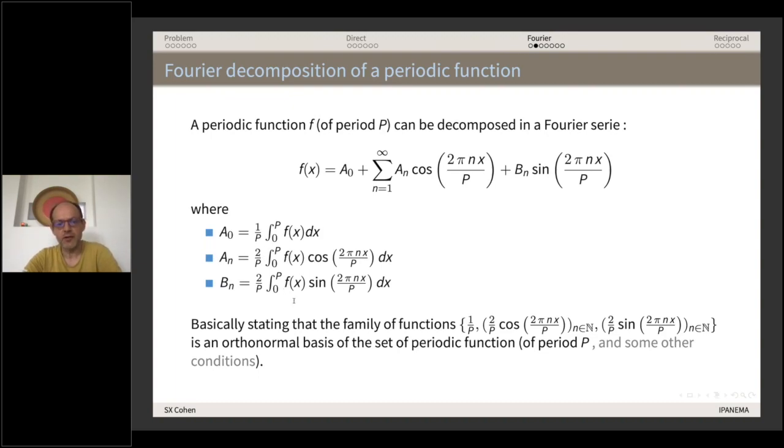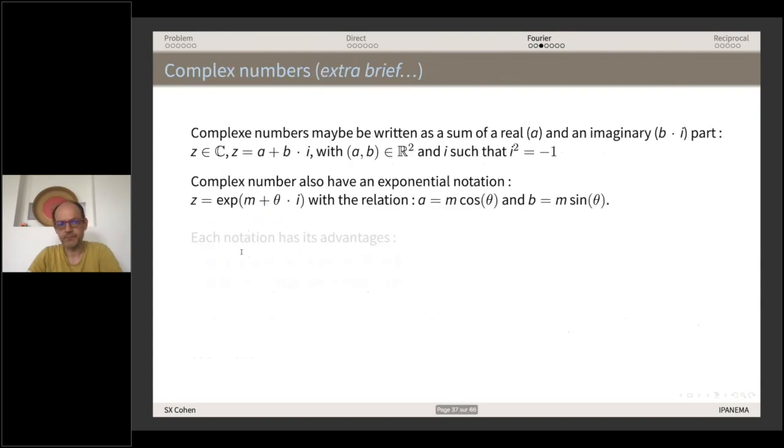These functions are orthonormal, so that when we do the scalar product, we get the projection, and because it's an orthonormal base, the projections are also the coordinates of the function on this base. This is basically a regular result using a scalar product and an orthonormal base on a vector space. So this is the simple way of seeing it.